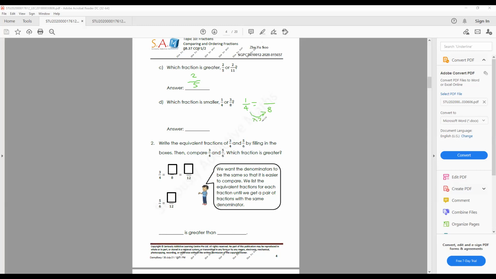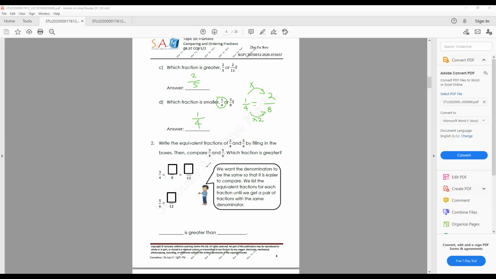So multiply by 2: 2 times 4 equals 8, and you get 2 out of 8. So 2 out of 8 or 3 out of 8, which is smaller? 2 out of 8 is smaller. 2 out of 8 is actually 1/4, so we have to refer to the question and write 1/4 here.